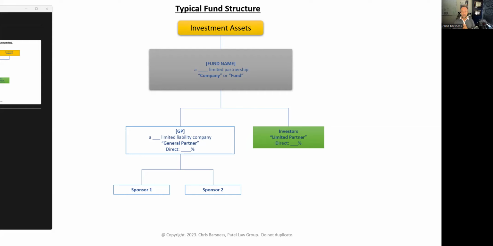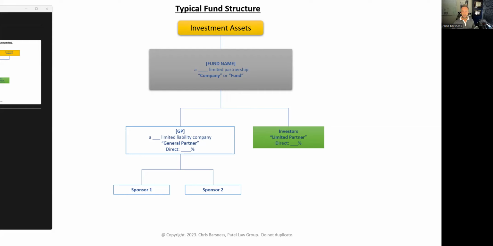So this is an investment fund, whether it's a real estate fund, crypto, hedge fund, private equity, whatever it is, a limited partnership or an LLC that owns the underlying assets that it's invested in. And then the green below is the limited partners, or investors, basically, that invest capital into the fund that they use to buy the assets.